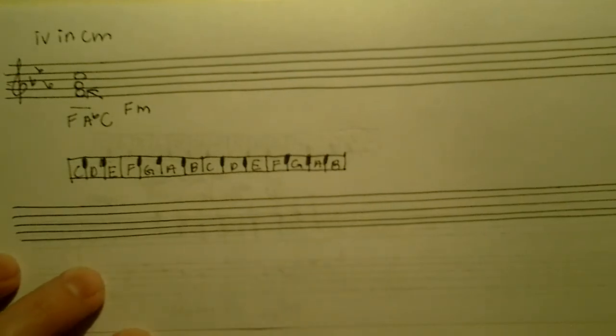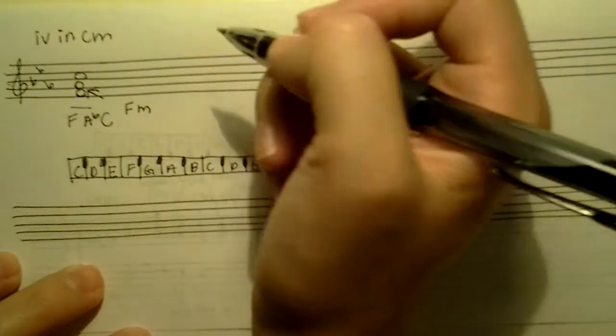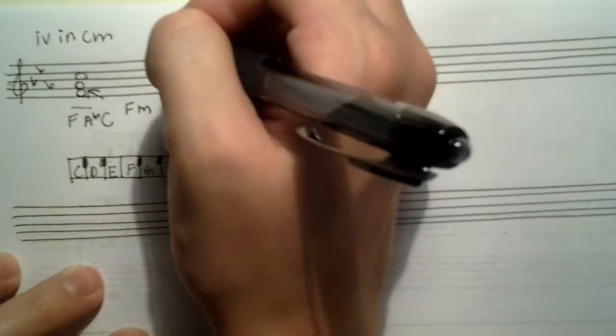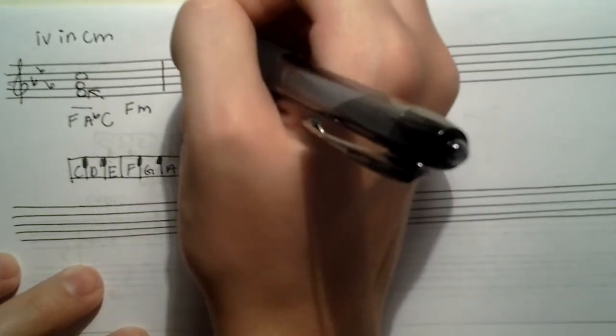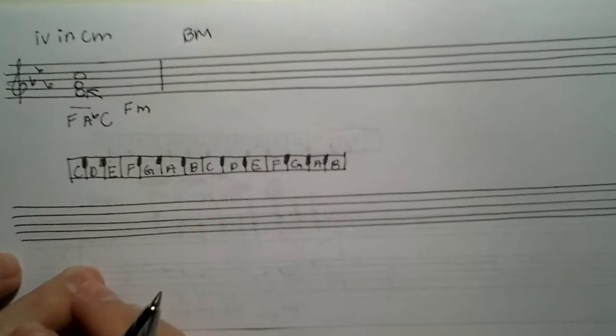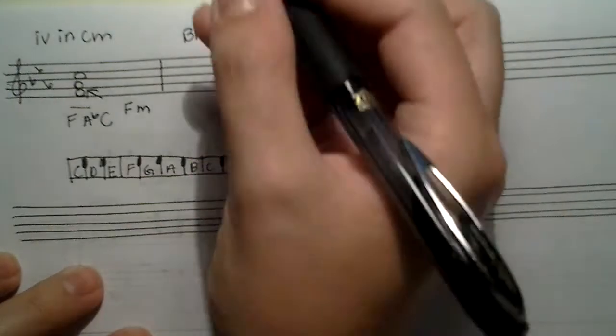There's going to be one that says what are the notes in a dominant 7th chord in B major. So in B major, we need to figure out what our dominant would be. Now if you go back to scale degrees and names of scale degrees, the dominant was the 5th scale degree.